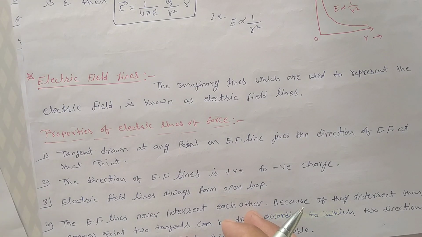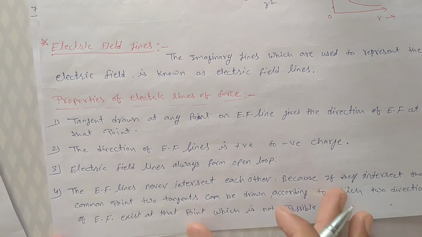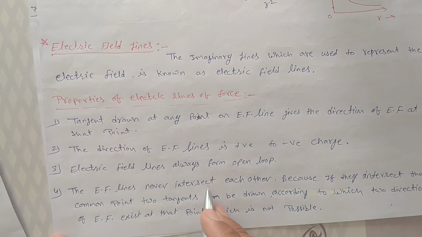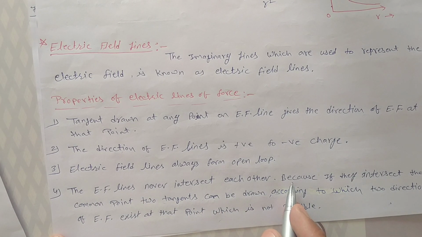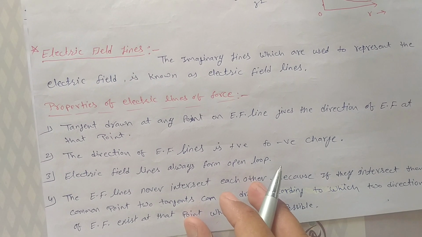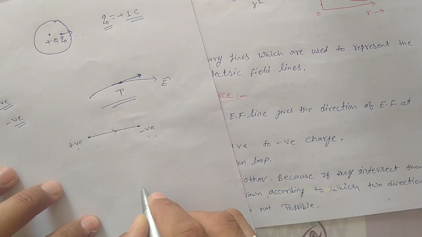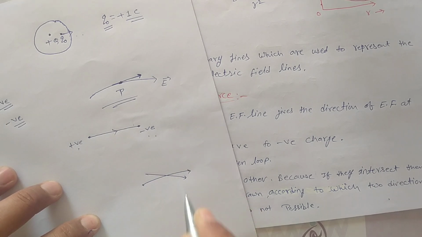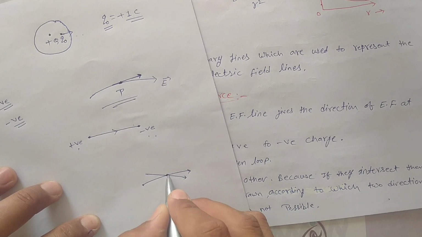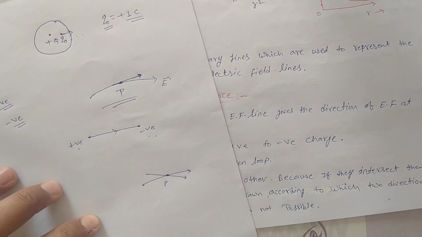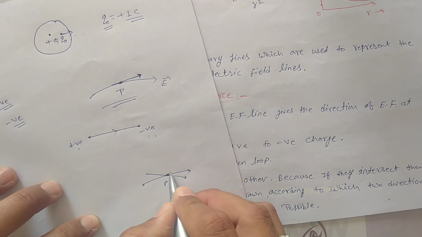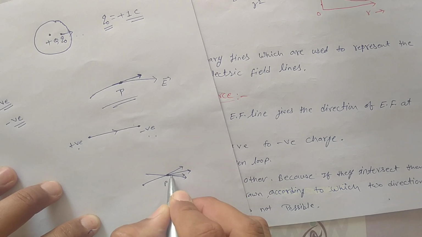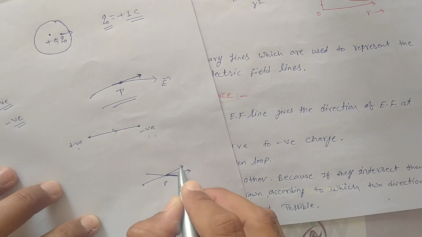Next property is very important. The electric field lines never intersect each other, because if they intersect, suppose we have two electric field lines and they intersect at this point P, then at this common point P we draw two tangents like this, one and another one like this.